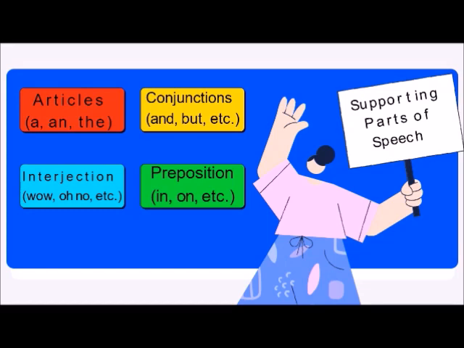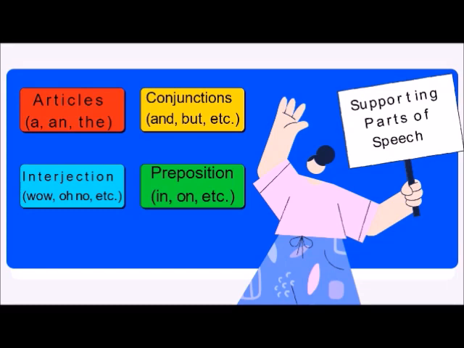For example, articles, conjunctions, interjections, prepositions, etc. Articles are the words like a, an, or the, and they are generally used before nouns. Conjunctions are words that join two nouns, phrases, or sentences. Some common conjunctions are and, or, but, etc.